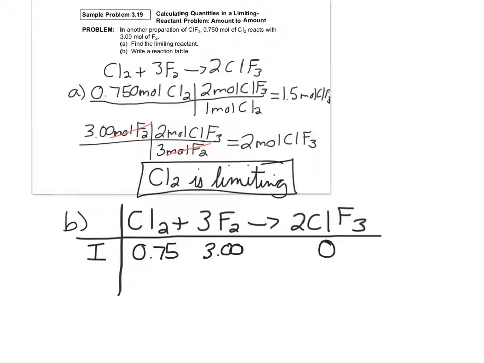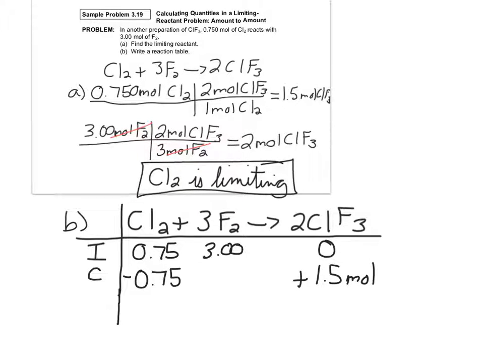All right, then the next step is we write the change in those number of moles. So I'm going to put a C there in my table, and that represents change. Now that we've identified the limiting reactant, we know how much of that we used up. Since chlorine is the limiting reactant, that means I'm going to use up all of the chlorine. So minus 0.75. Now, I don't know how much fluorine I've used up yet. We're going to figure that out here in a minute. But I do know how much product I formed over here. So plus 1.5 moles.